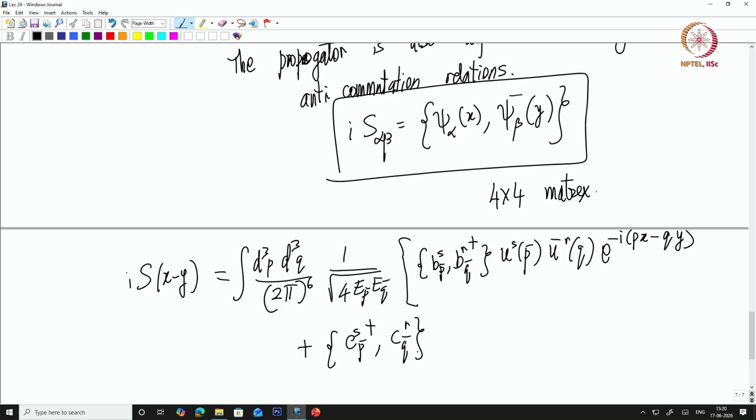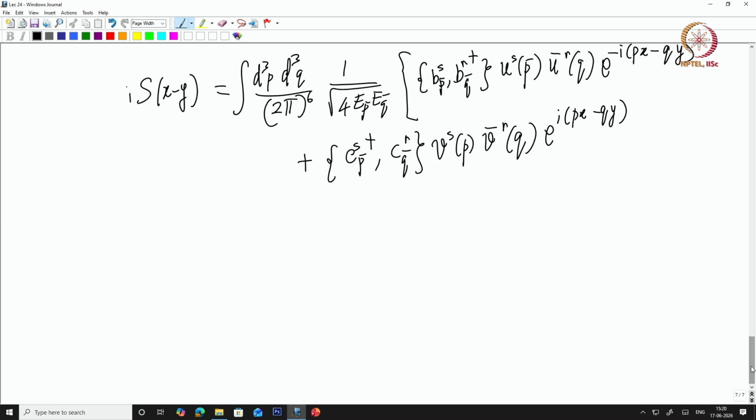So it's obvious that you get these things, and so u s of p, u bar s of q, e power i p x minus q y. Now, imposing these anti-commutation relations, which we know, and then solving it.